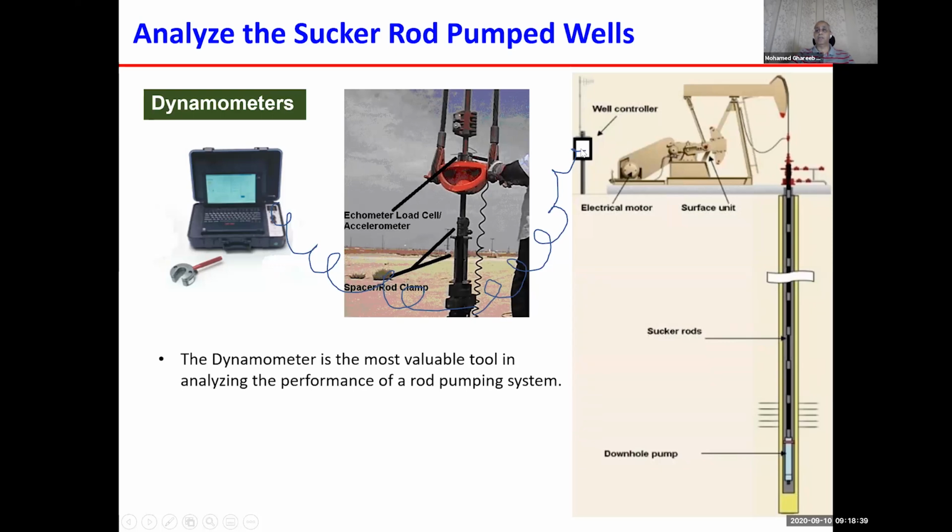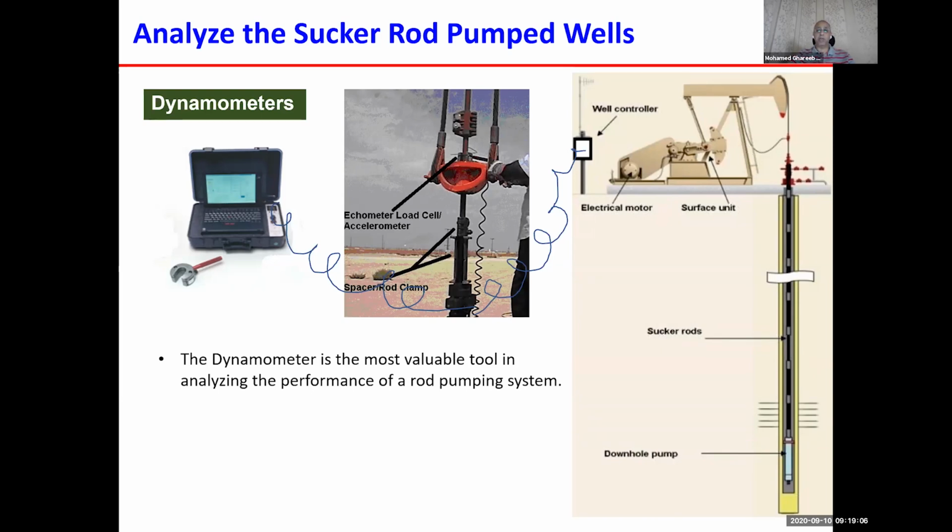Not only that, the majority of companies, especially the big companies, connect this to a SCADA system, to the internet. While you are sitting in your office, you can see how the well is running, how the downhole pump is performing, and how your surface equipment is performing. Some people even install cameras, which can see the wells, how it's running, how it's performing, if there is a leak or no leak, and you can do downhole pump analysis.